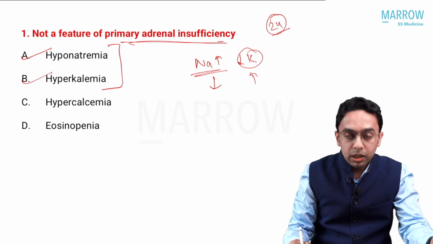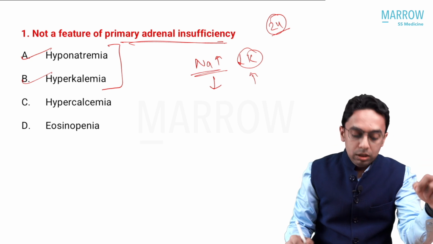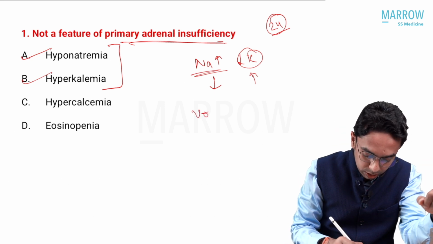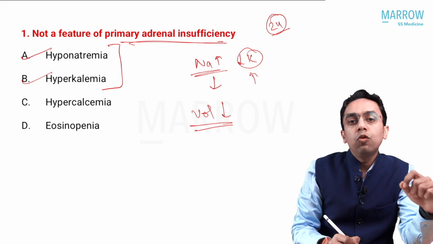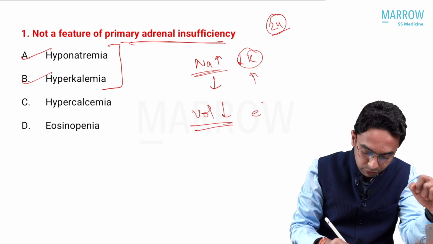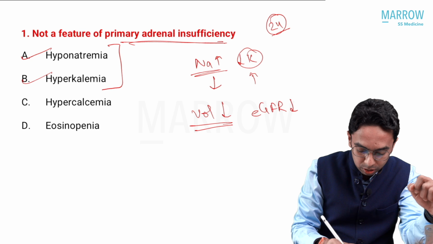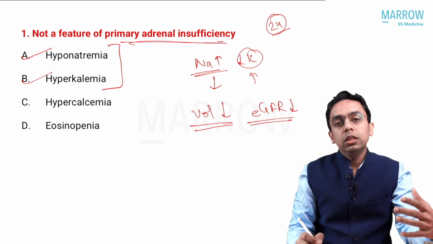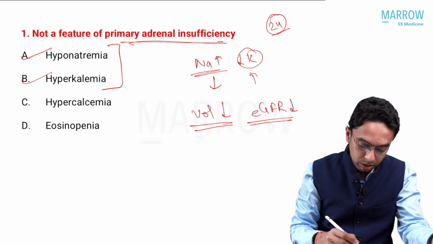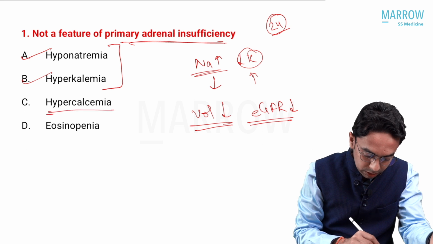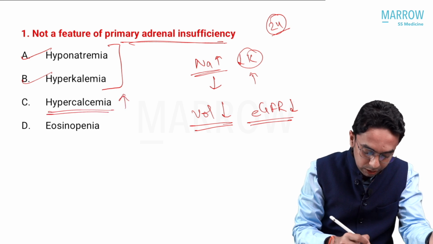Now coming to hypercalcemia and eosinopenia. In Addison's, the volume is low, a hypovolemic state, and the GFR is less. So in compensation, there is renal conservation. So there is an increase in BUN and an increase in calcium.